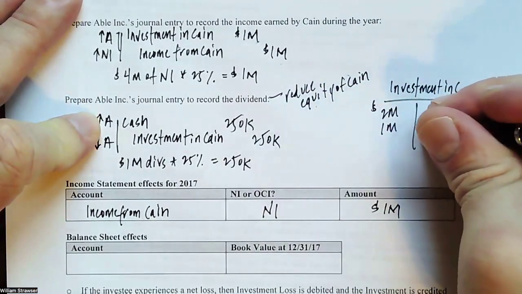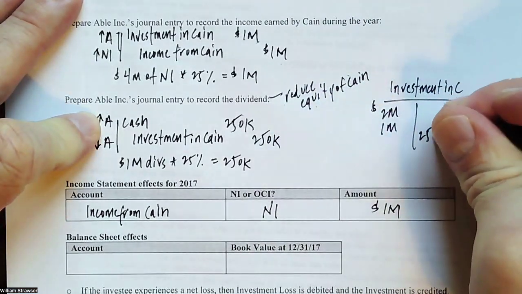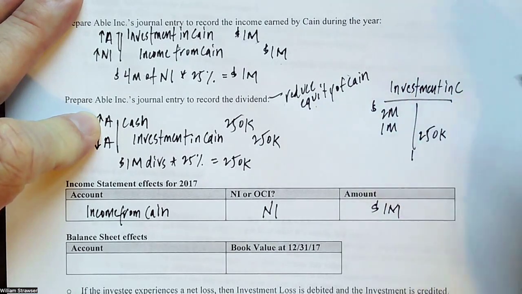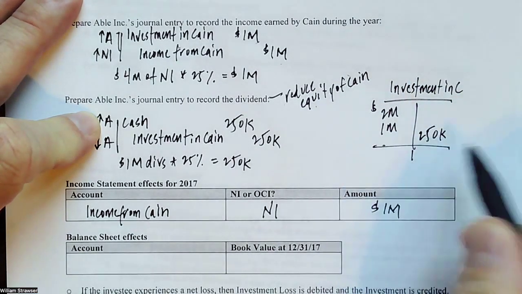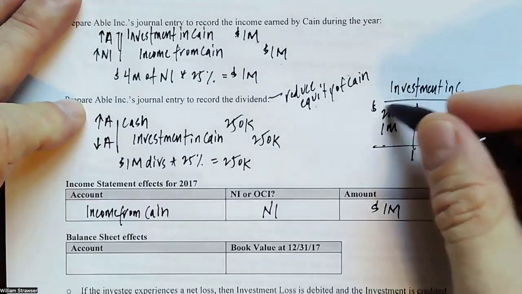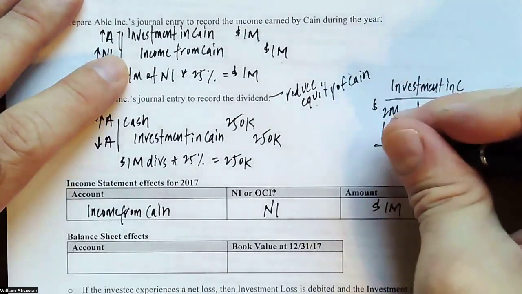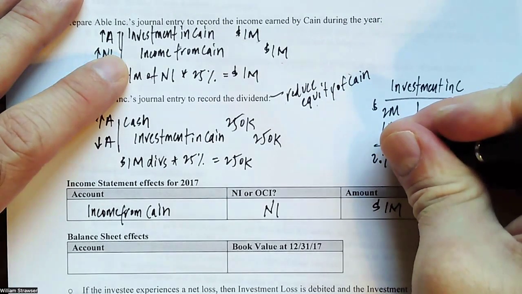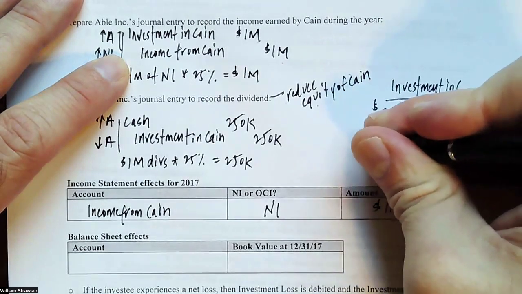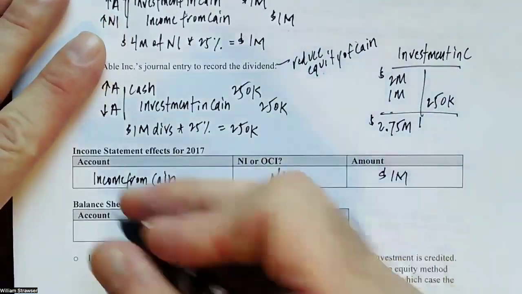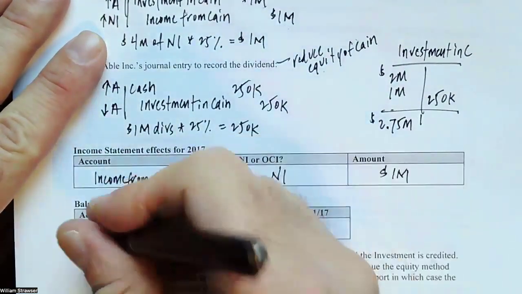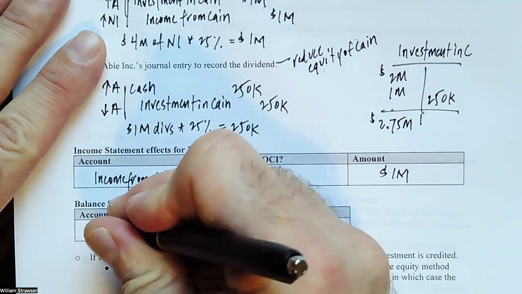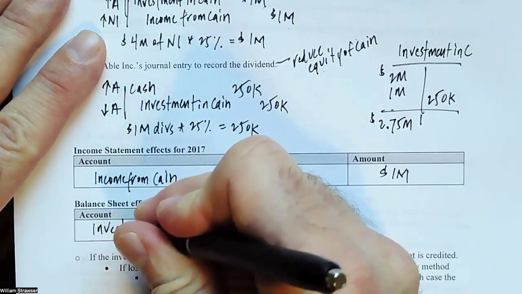And then we reduced our investment when our investee declared dividends and paid us cash. So it went up to 3 million, but came down by 250,000. So now it's at $2,750,000 at the end of the year after those adjustments have been made. So this would be my investment in Kane, long-term investment.